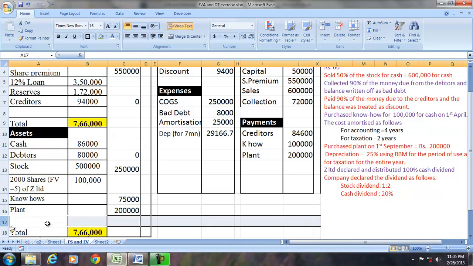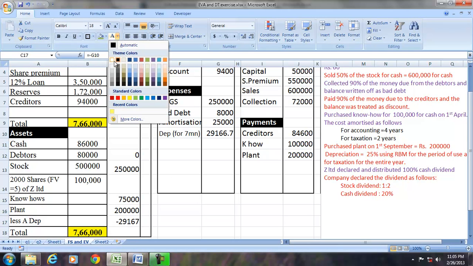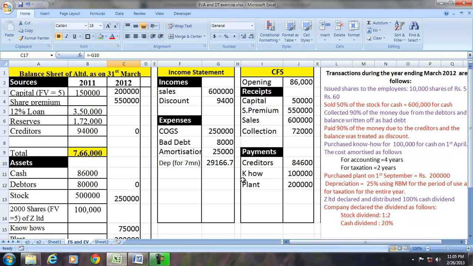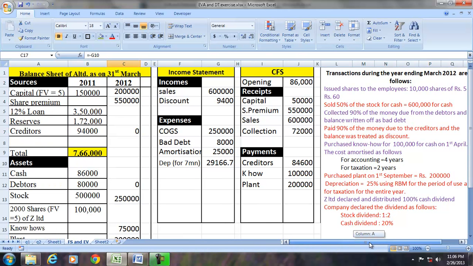We can show the depreciation as less accumulated depreciation, minus 29,167. So depreciation is an expense, no cash flow, but a reduction in the value of the asset. Depreciation for taxation is for the full year. We'll use it when we prepare the tax calculation. Company declared dividend, but before we use this information for dividend, we'll complete the transactions.